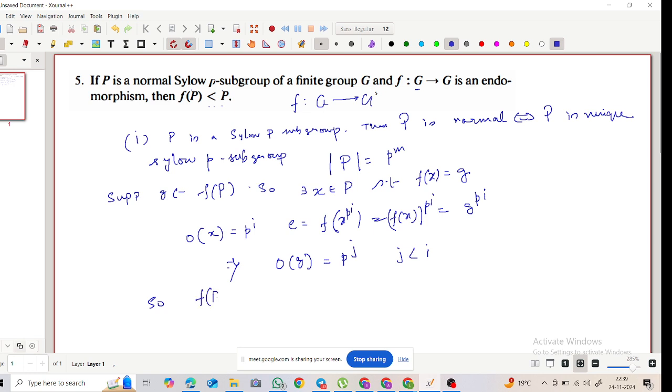So if P is a p group, then a subgroup is a p group, sorry, right?